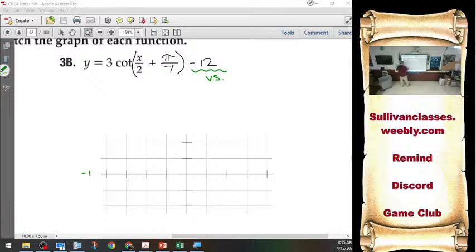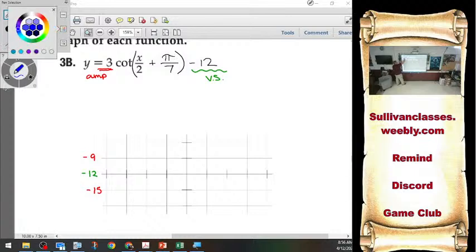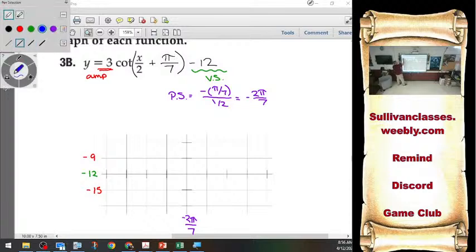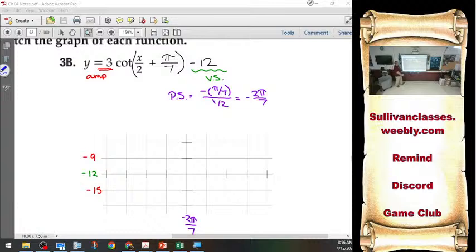My vertical shift. My amplitude. Phase shift. Period.